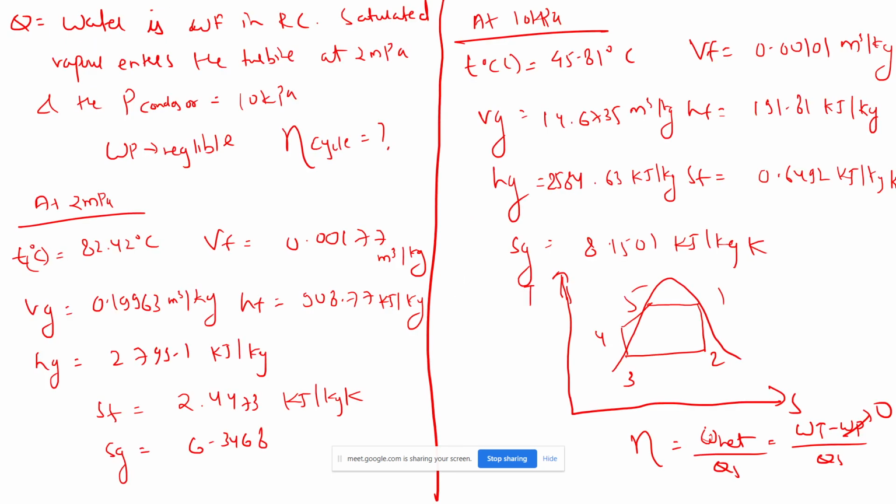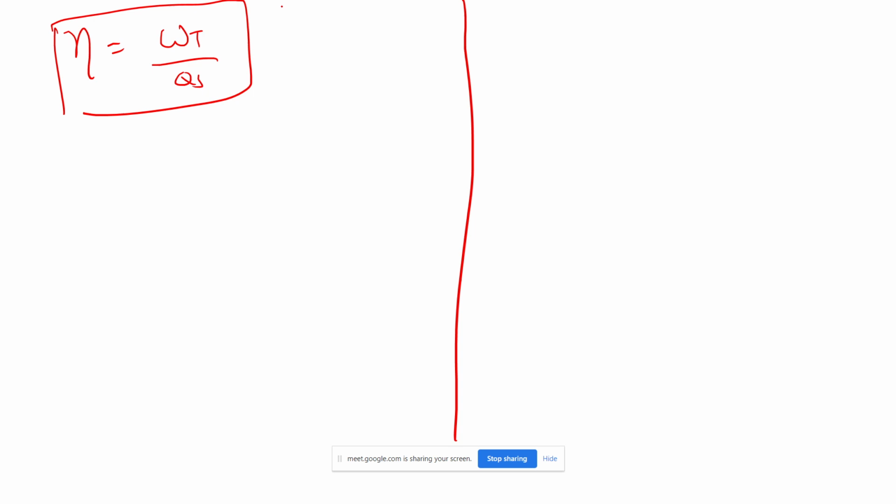First you have to calculate the enthalpies at each point. Not all points, you just need the enthalpy where needed.